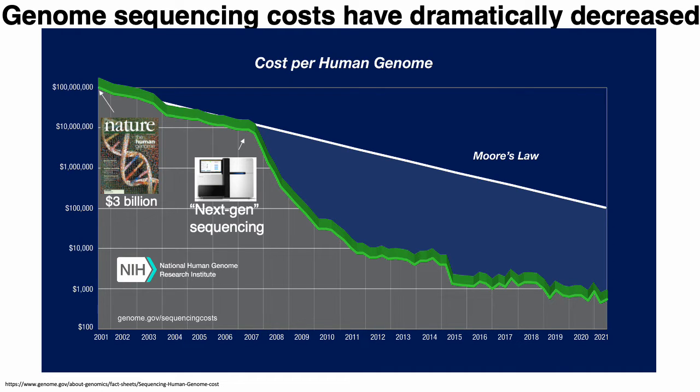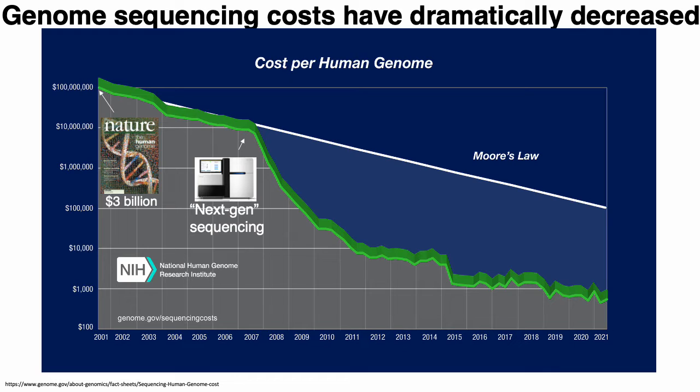And as you've probably heard, the cost of sequencing genomes has rapidly decreased over the past few decades. Just to give you an illustration, this is a graph of the cost of sequencing the human genome. You can see that back in 2001, when the first draft of the human genome was released, the cost of the whole sequencing project was somewhere on the order of $100 million.